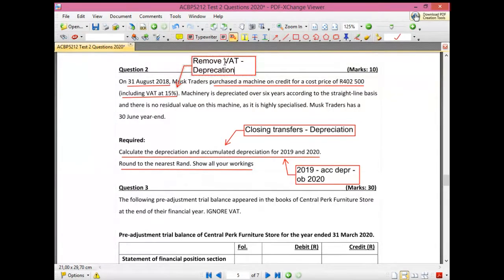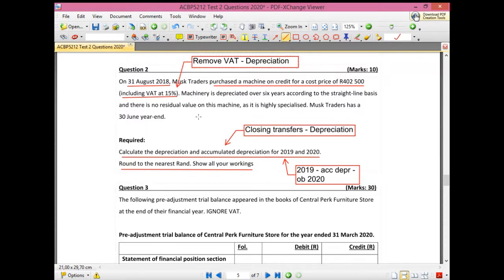The reason for this is because the company would be able to claim the VAT back from SARS. So their vehicle, when you account for it, would be the amount excluding VAT. Okay, so this is what we were taught in the first semester, but for this semester, just remember to remove the VAT component when you do the calculation.